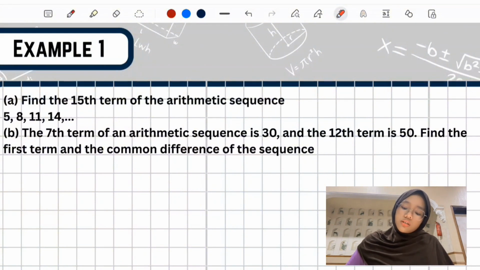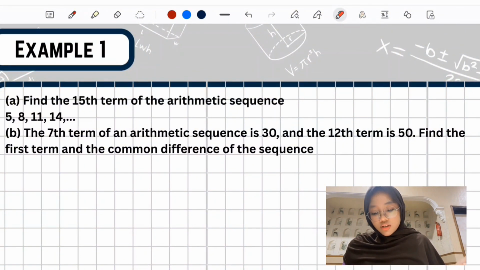So how do we solve the first example question?